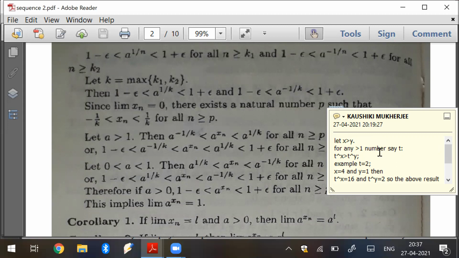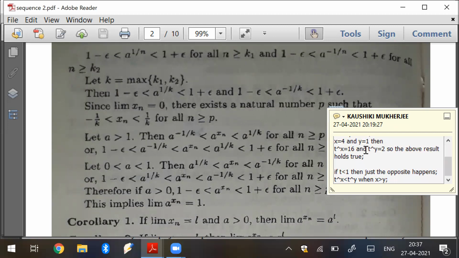That means whatever relation they are maintaining, if your number given is greater than 1, then obviously when you apply this number as an exponent of the given number t, the same relation will be maintained. That means the same ordering will be maintained. x greater than y, then t to the power x greater than t to the power y, if your t is given to be greater than 1. And just the opposite holds if t is given to be less than 1. That means if I take t less than 1, any number provided to me, then the opposite happens.